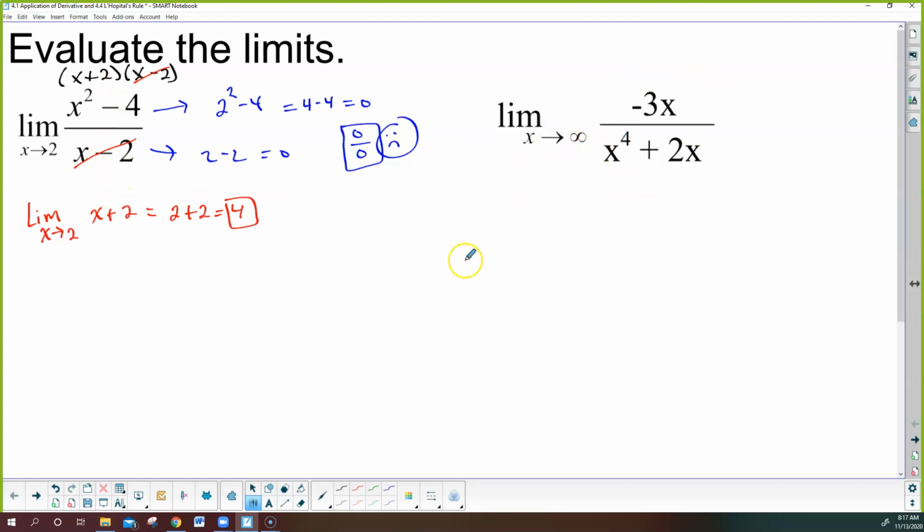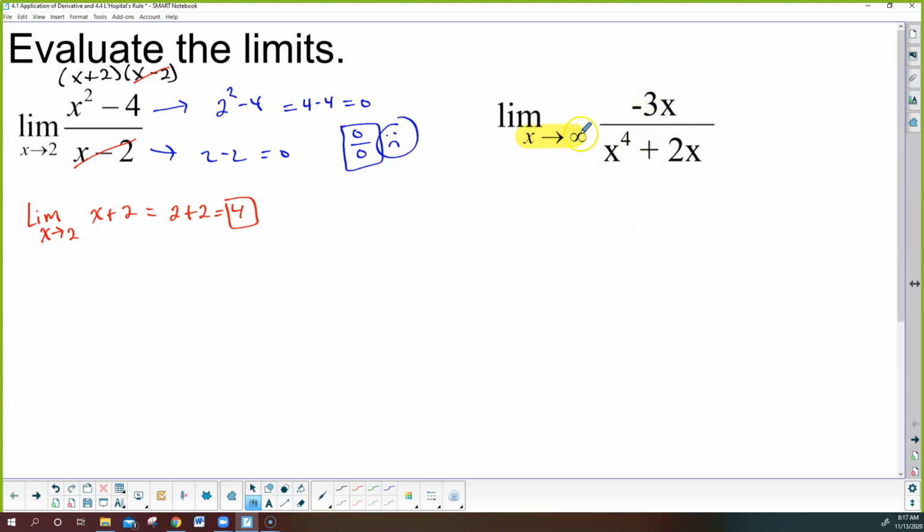Now, this one here you might remember, and I often find students forget about this one. The only reason why I'm allowed to do what I'm about to do is because we go to positive or negative infinity. Remember, that's as I go to the really, really far right of the graph. Where is this function headed?